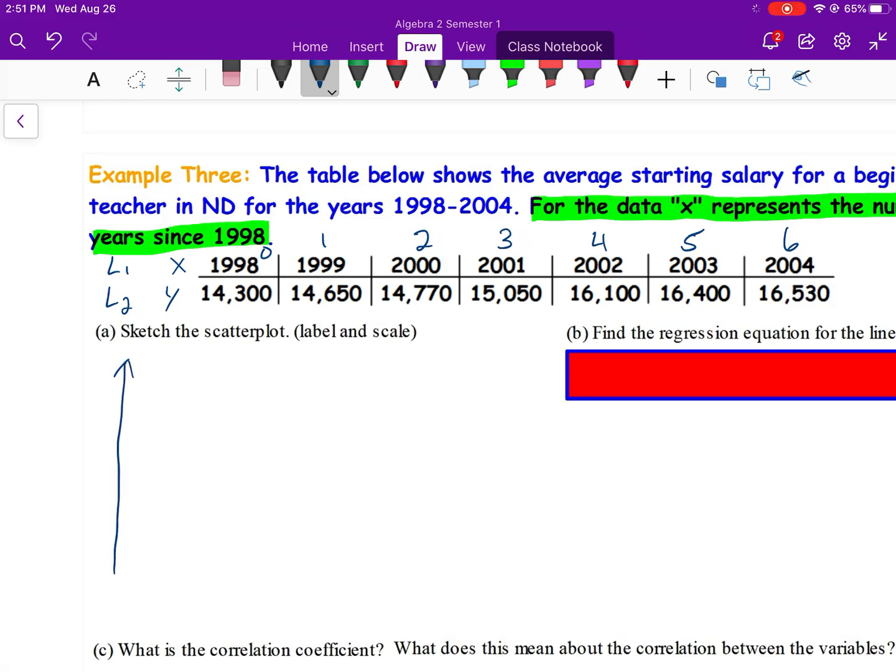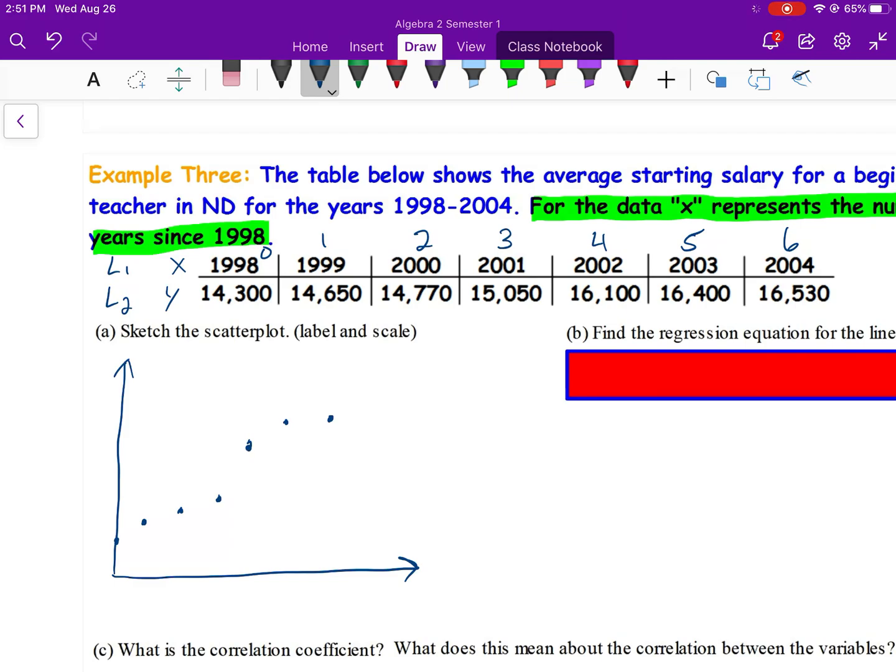Now I did this on a separate calculator. If you need to see the calculator steps again, rewatch the first example. This one should look like this. Got a big jump there.